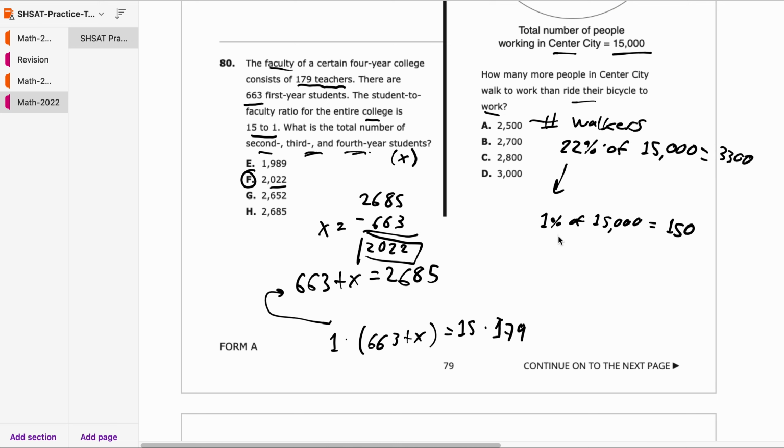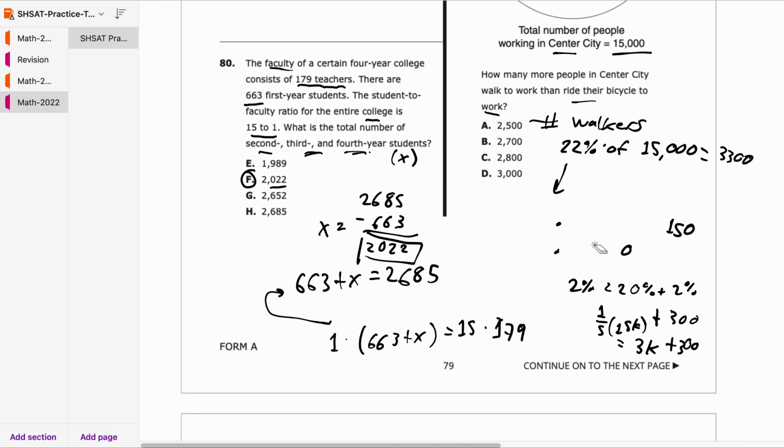Well, then actually you could say that 2% is going to be 300, and 22% is 20% plus 2%. And so this is 300 plus, and then 20% of 15,000 is just 1/5 times 15K. So this is going to be 3,000 and 300. But anyway, that was a shortcut. You don't need to do that.